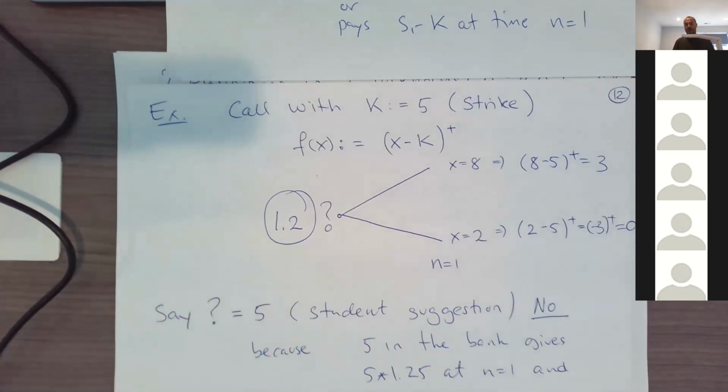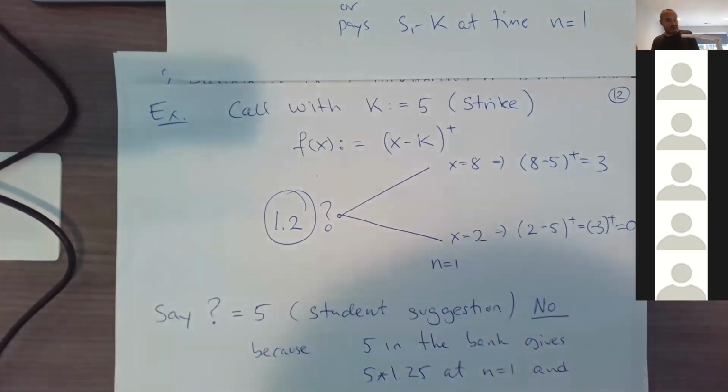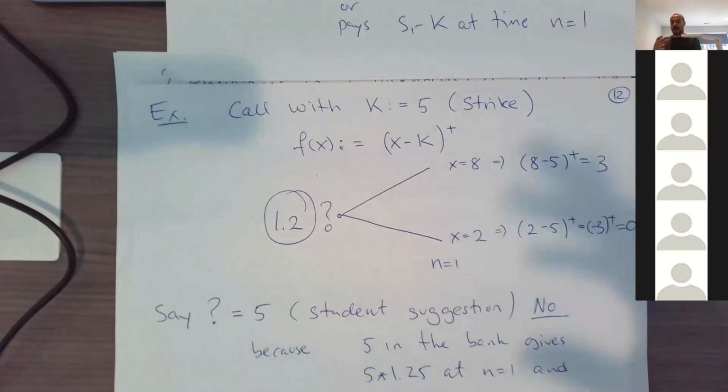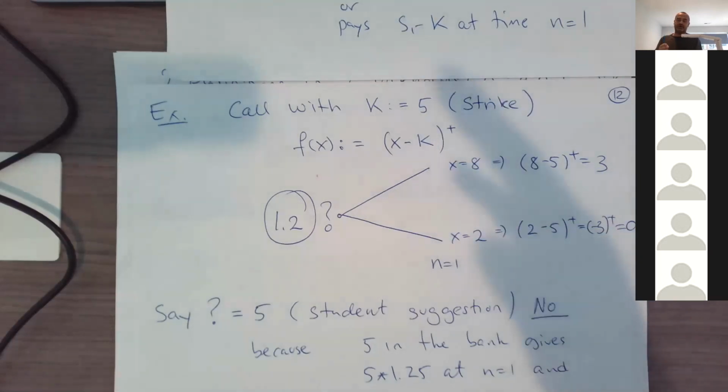And then, as one of you pointed out, why on earth should it be 1.2? My argument there is going to be, what would happen if it's not 1.2? We already talked a little bit about what would happen if it was 5.